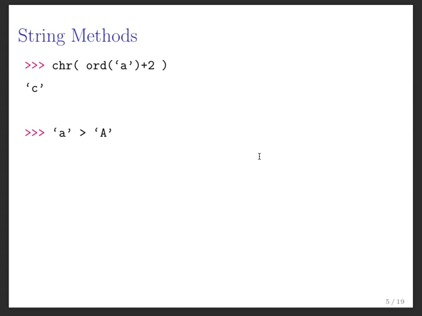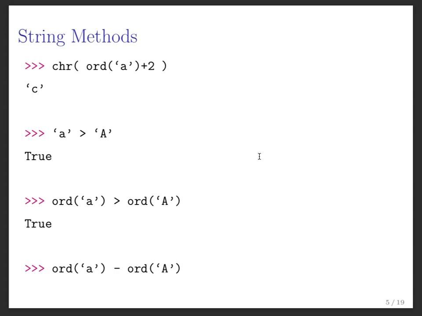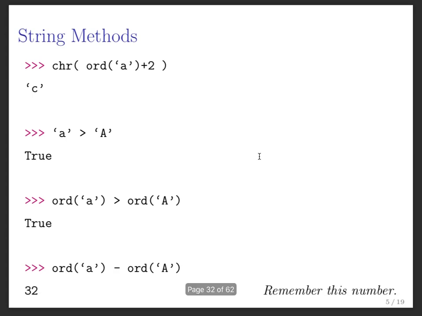Okay. So also remember that I showed you that these letters, these characters, have an ordering, right? So it was the case that little a was larger than big A. This is because the ordinal of lowercase a is greater than the ordinal of uppercase A. And so as soon as we convert these letters into integers, then we can use the normal integer comparison operations. The difference between the ordinal of a and the uppercase A is 32.